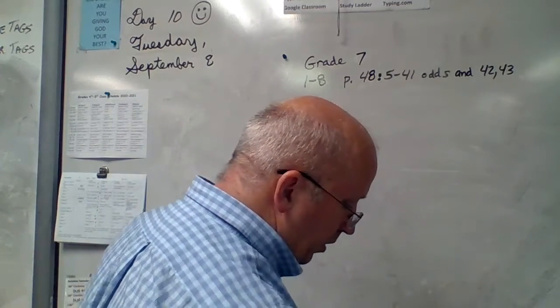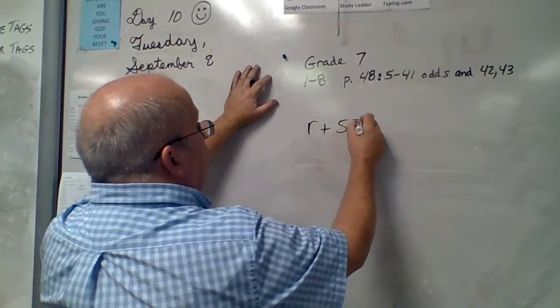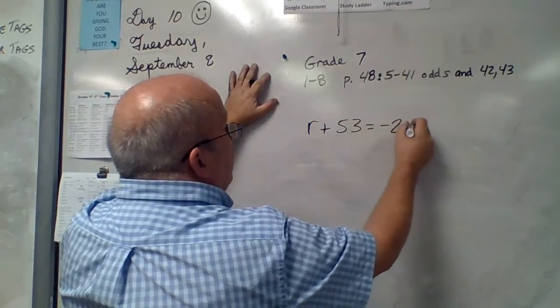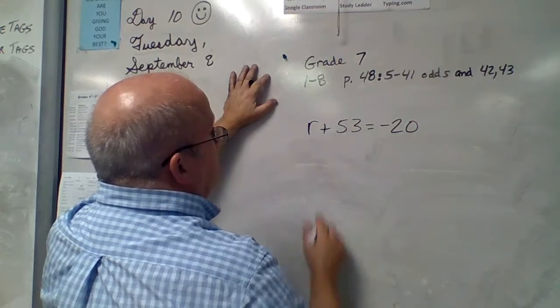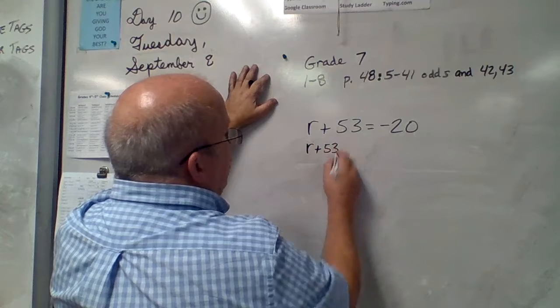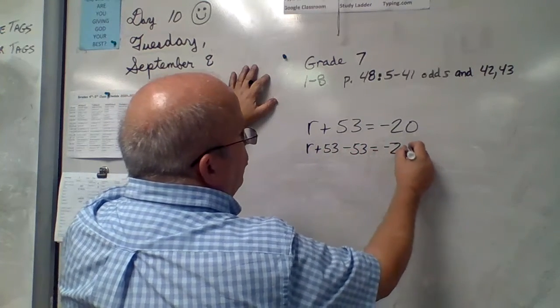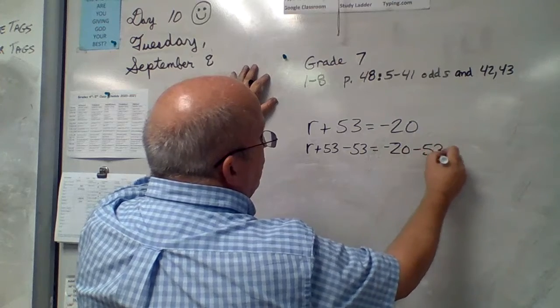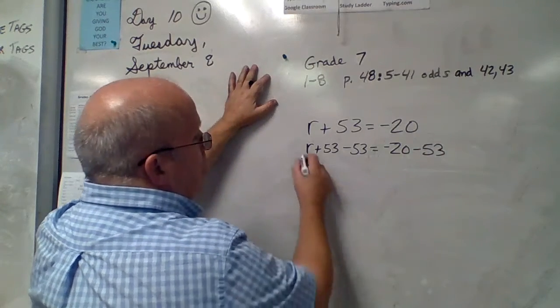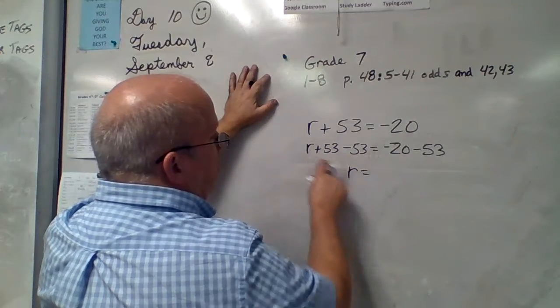How about something like this? r plus 53 equals negative 20. The r is attached to 53 by addition. The opposite of adding is subtracting. So I am going to subtract 53 from both sides of the equation. Over here, these cancel out, leaving me with r.